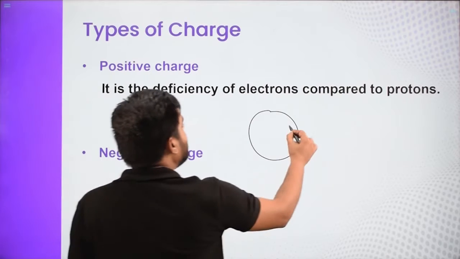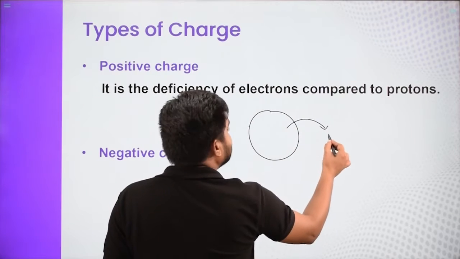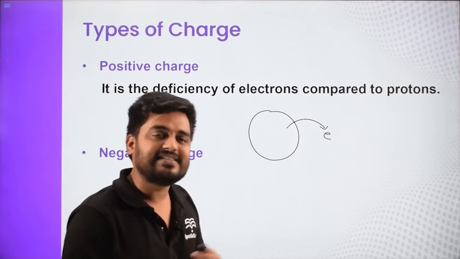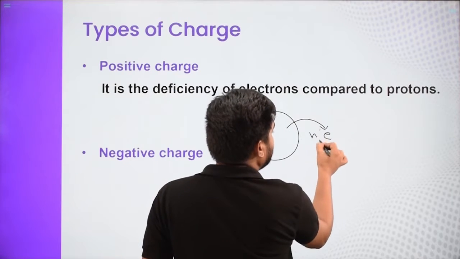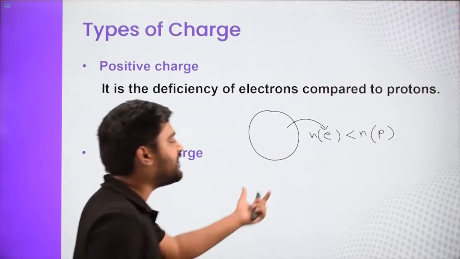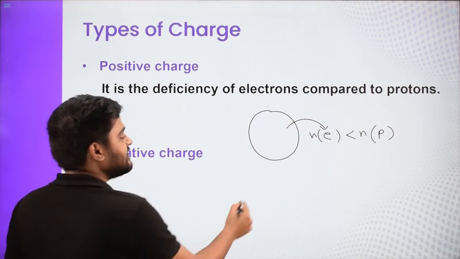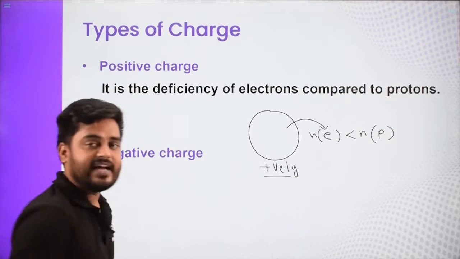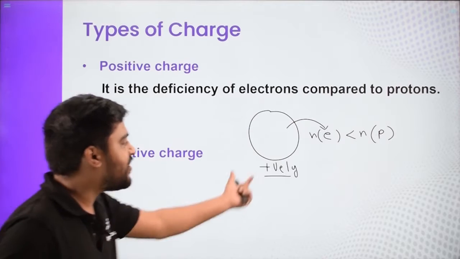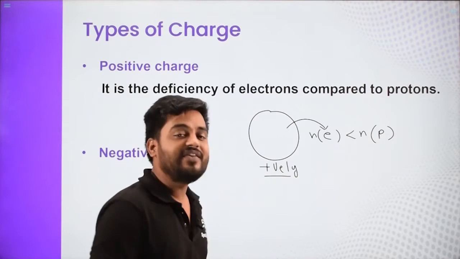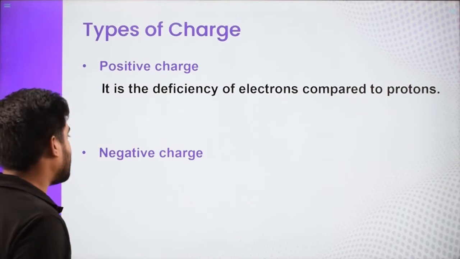So if some of the electrons leave, then the number of electrons becomes less than the number of protons, and we say deficiency of electrons, meaning fewer electrons compared to protons, and the object is positively charged.